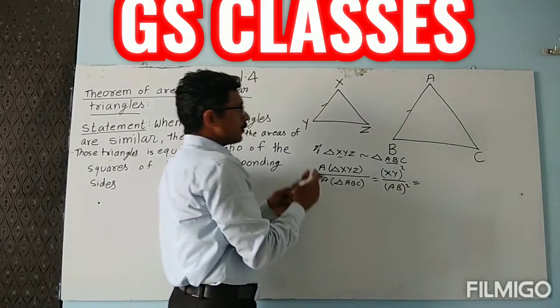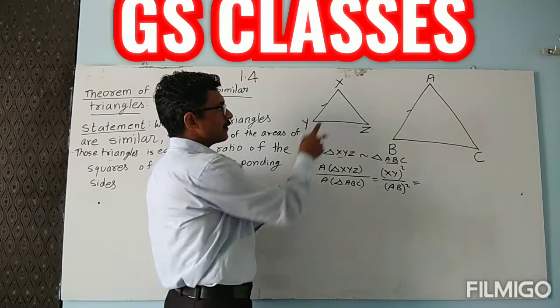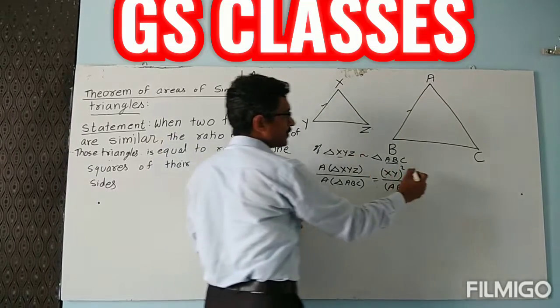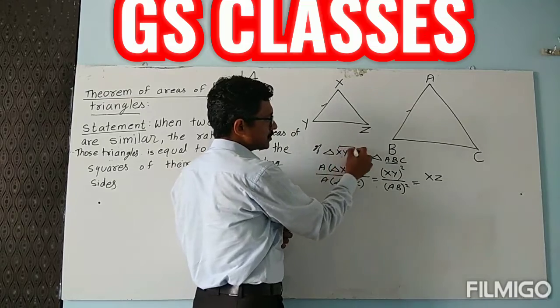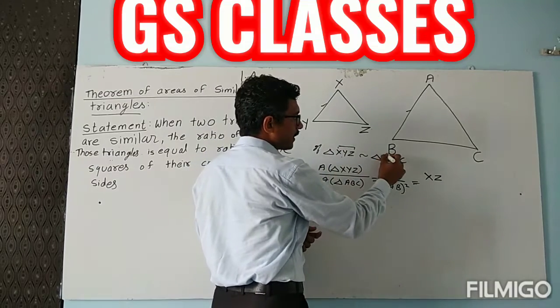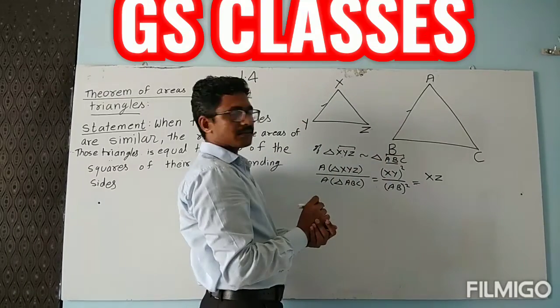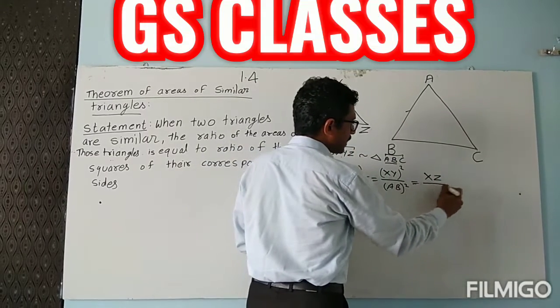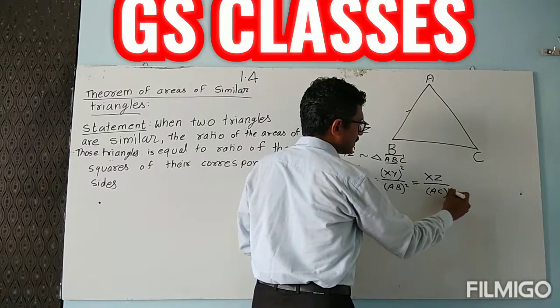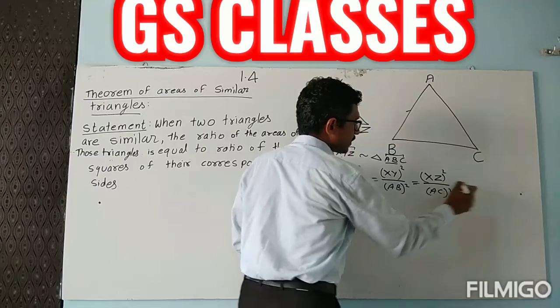Like this, one more line I can write. If I am taking XZ, from here AC should come. So XZ upon AC, also in square form.